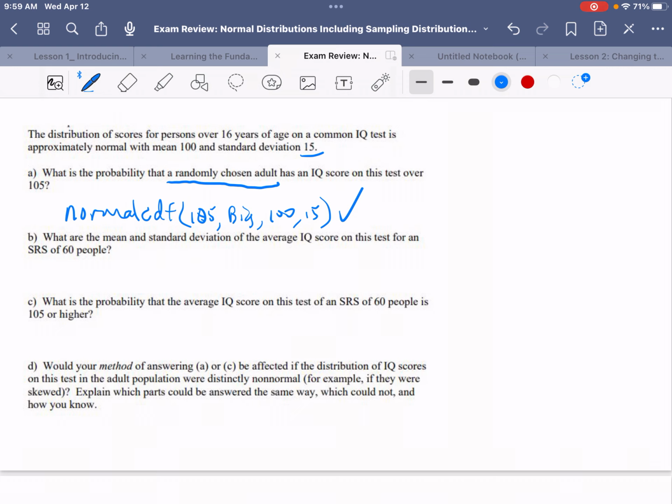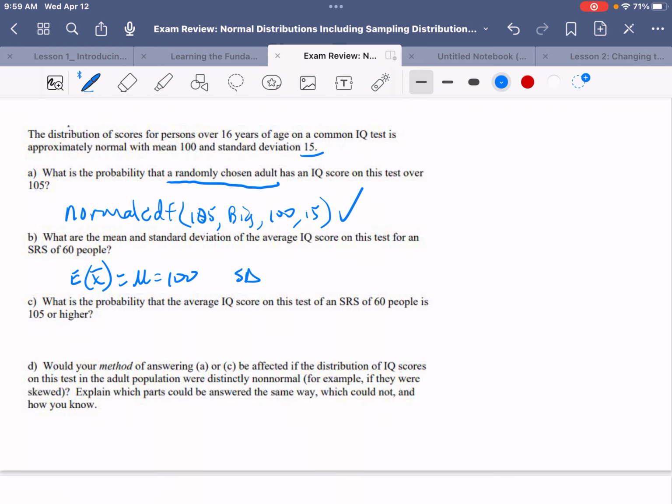Part B, what are the mean and standard deviation of the IQ score on this test for a simple random sample of 60 people? So they're asking you for the mean of X bar. Remember, the expected value of X bar is the population mean.